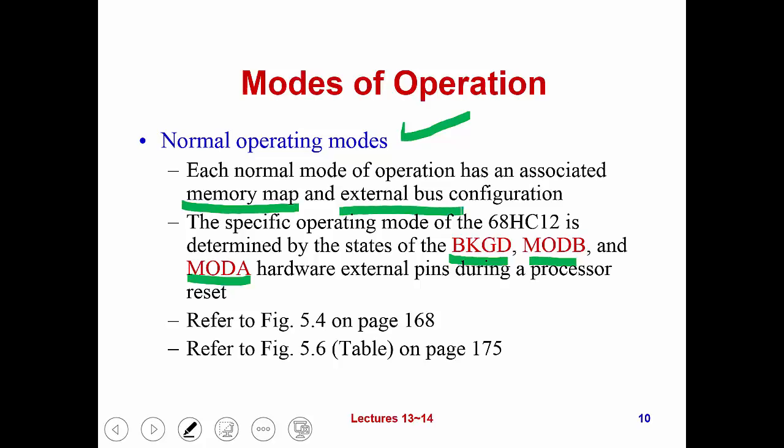The bus operation, some ports may be changed to handle only data transmission, or only address, and some ports only for input output. So that's pretty much about the mode.